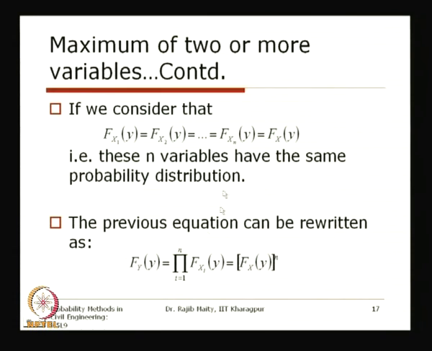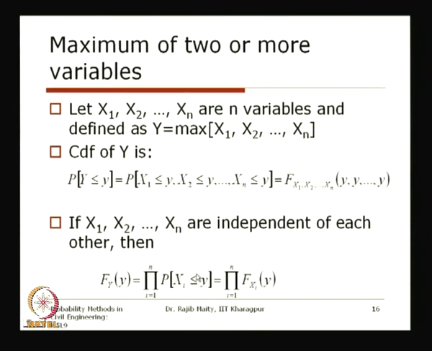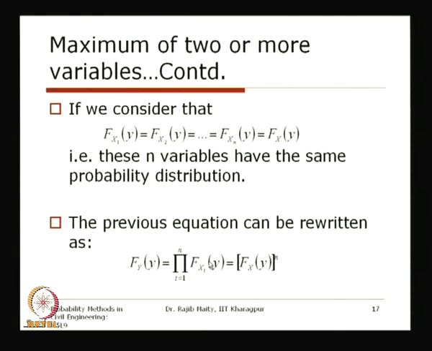In that case, the product will just be the power of n. So to reach this expression from the original CDF, to the product Fx(y) to the power n, there are two assumptions involved: that they are independent and identically distributed. Then Fy(y) equals Fx(y) to the power n.